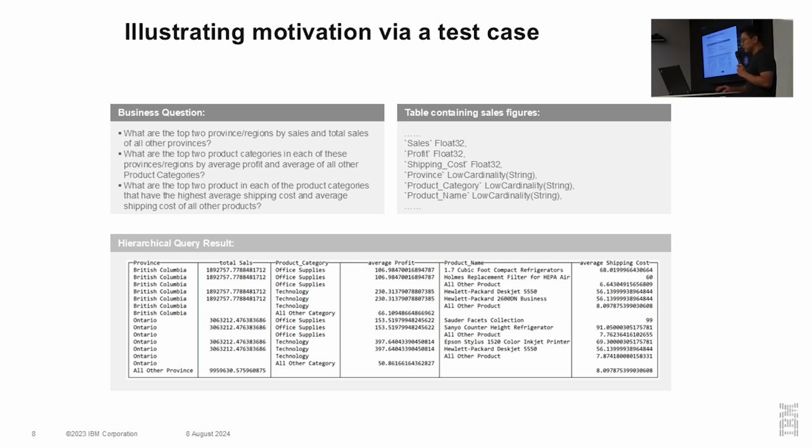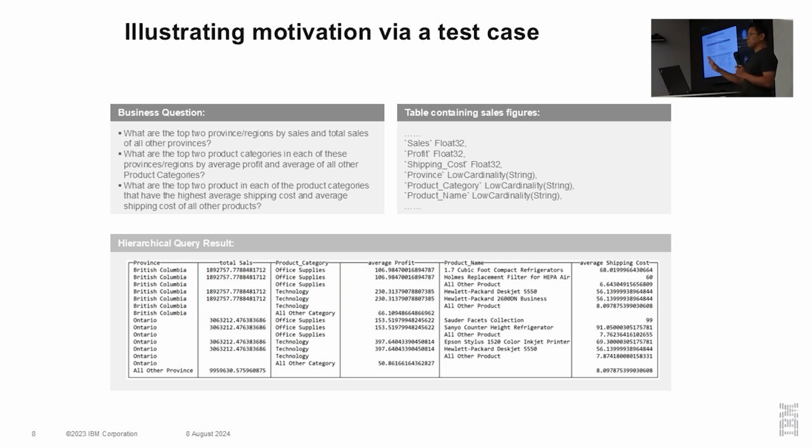After these 2 products, there's a summary for all the rest of the products, and here is a summary for the rest of the product categories. So you see, this is a hierarchical data result to answer this business question.